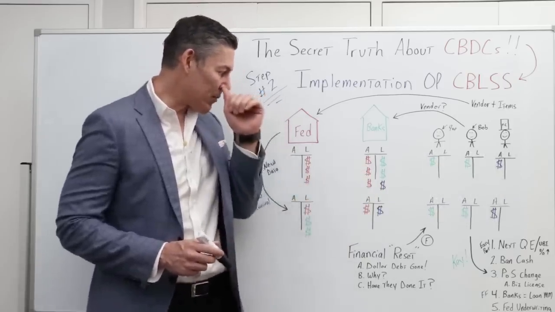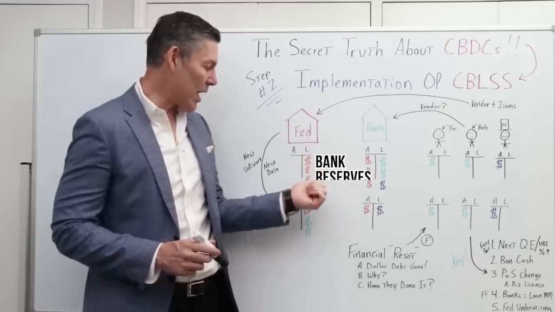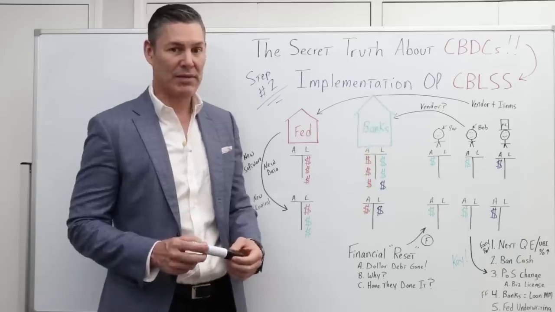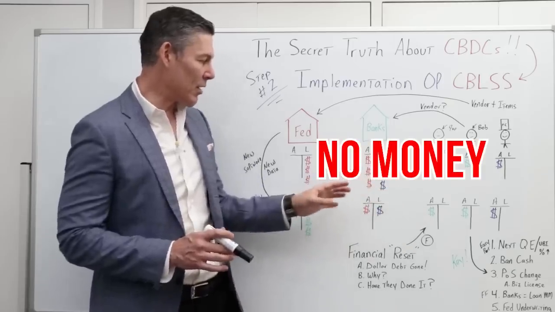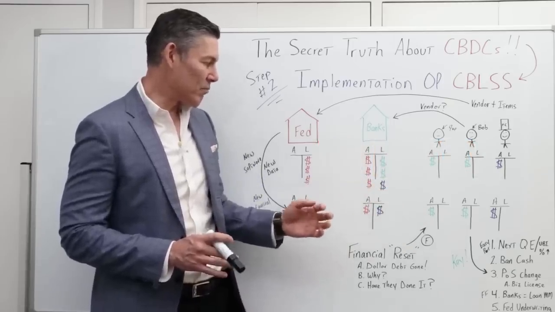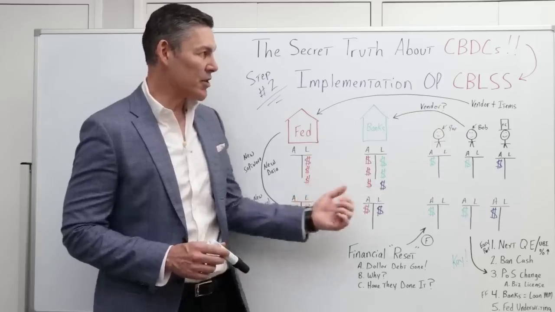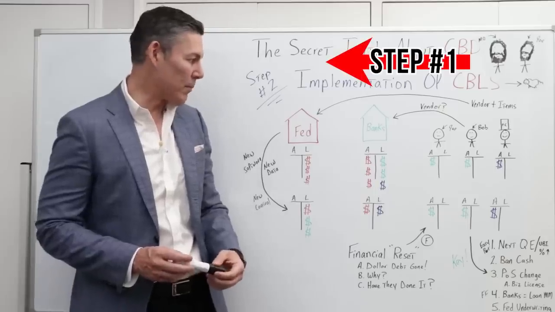Right now, on the liability side of the Fed's balance sheet, we have the bank reserves. These are assets of the commercial banks themselves. Again, there is no money in here. It's just a pretty crude ledger system, a way of keeping score, just like the cavemen were doing in step number 1.